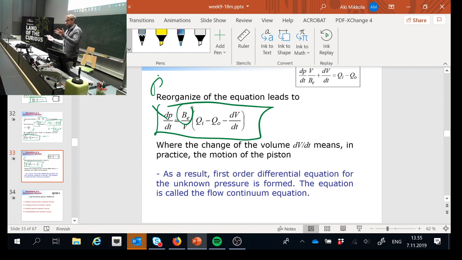Then the volume size, of course, is accounted for as well. Flow rate in, flow rate out is accounted for. And the change of the volume, all those are included. And this is an equation that I'm going to repeat over and over again. That's what we're going to use in order to solve for the responses from hydraulics.